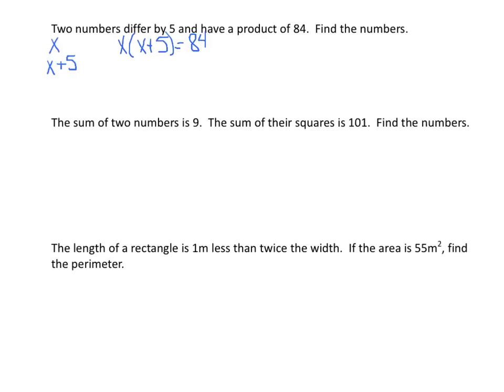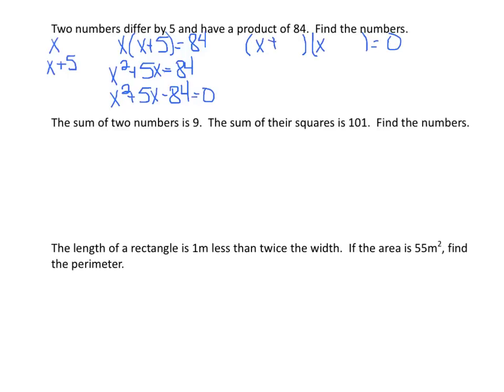So what I have to do is expand this. And then remember, I want it set equal to 0. So now I have to factor. That minus 84 tells me I have a plus and a minus.